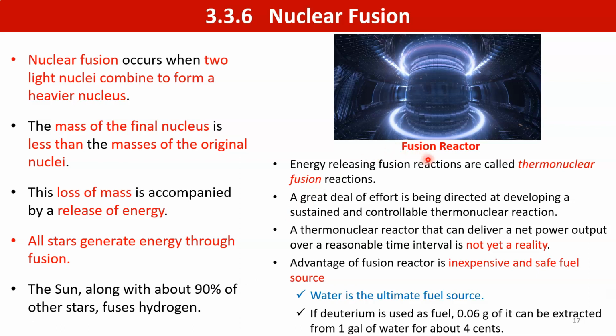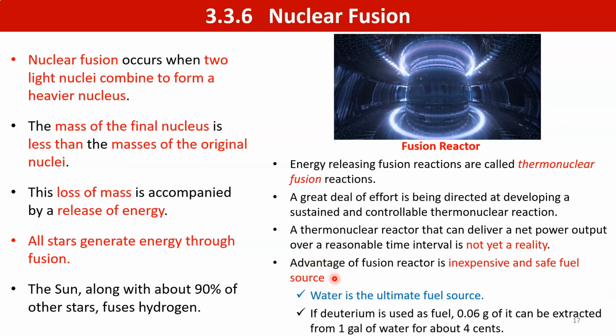The advantage of using a fusion reactor is an inexpensive and safe fuel source. Water is the ultimate fuel source. If we are going to use nuclear fusion for our power generating system, then water will be the ultimate fuel source, because water is H2O, right? So H represents hydrogen.